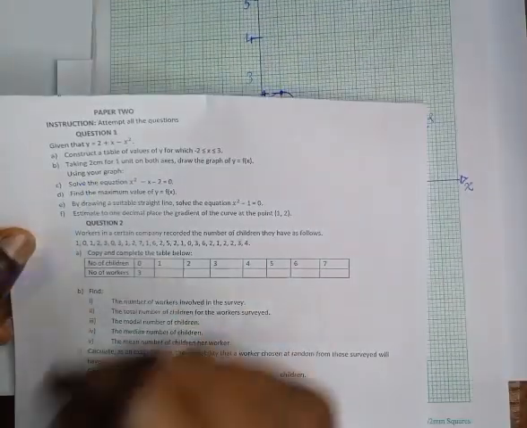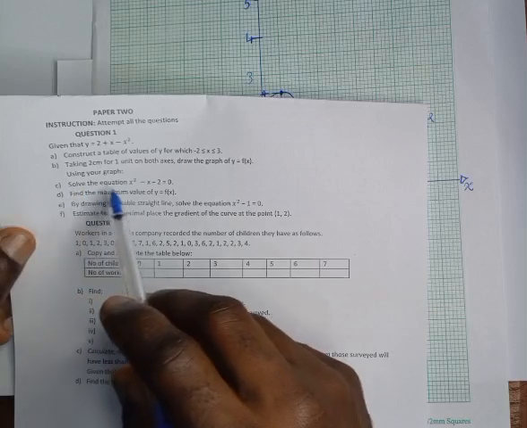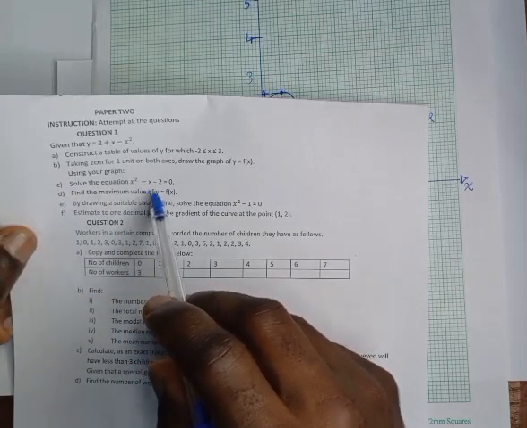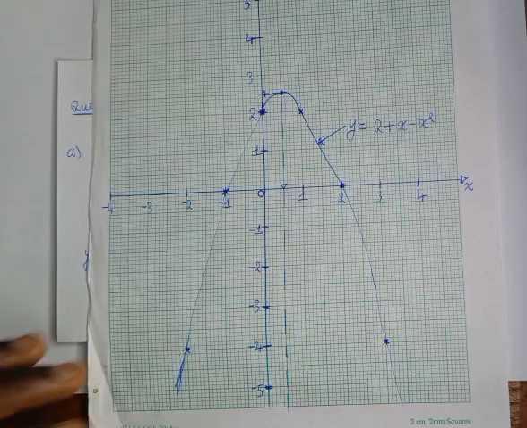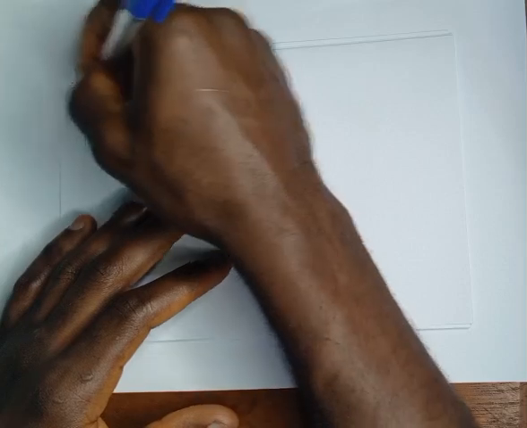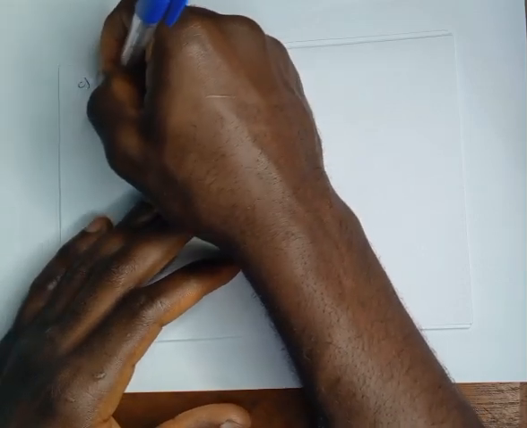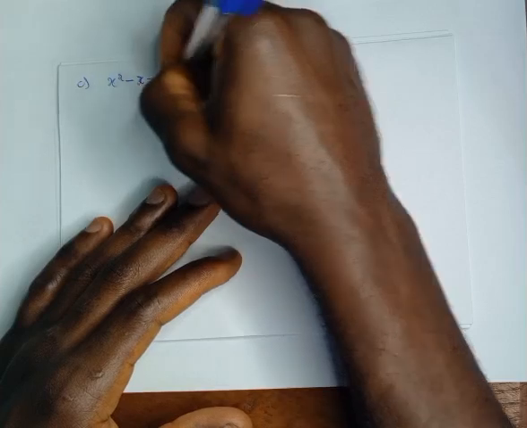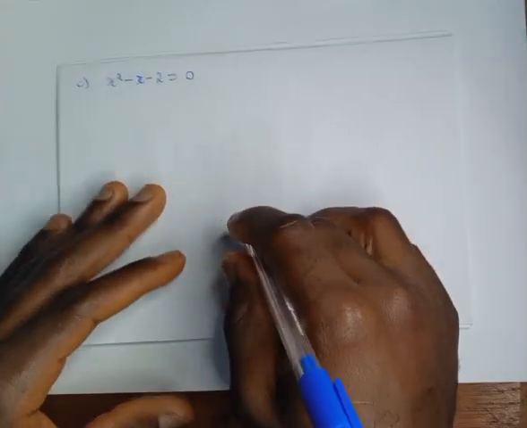The remaining question says, using your graph, solve the equation x squared minus x minus 2 equal to 0. We have to solve this by making use of our graph.